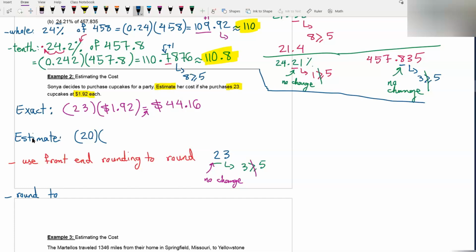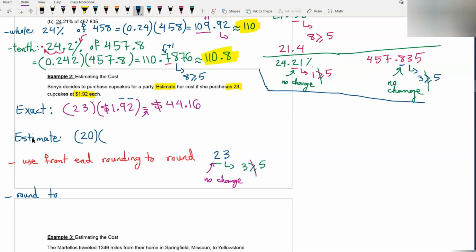Here in this case, we already have cents. And remember, for cents, we have two places, 1 and 2. We shouldn't have 3 decimal places. We should only have 2 places here. And in this case, this 92 is cents. So we don't have another choice but to round to the nearest dollar.